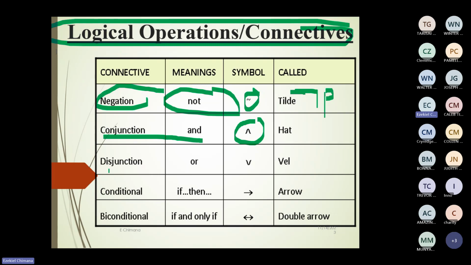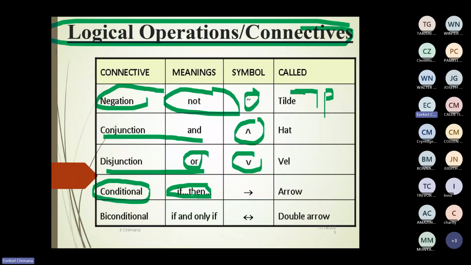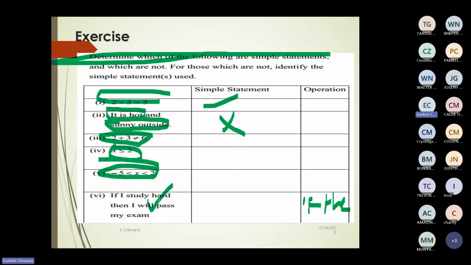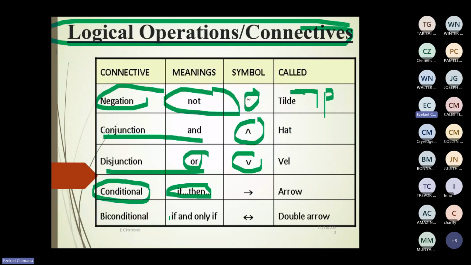And then there is the disjunction, or the OR operation, which uses this symbol. Then there's the conditional, which is if-then, which was being used here: if I study hard, then I will pass my exam.